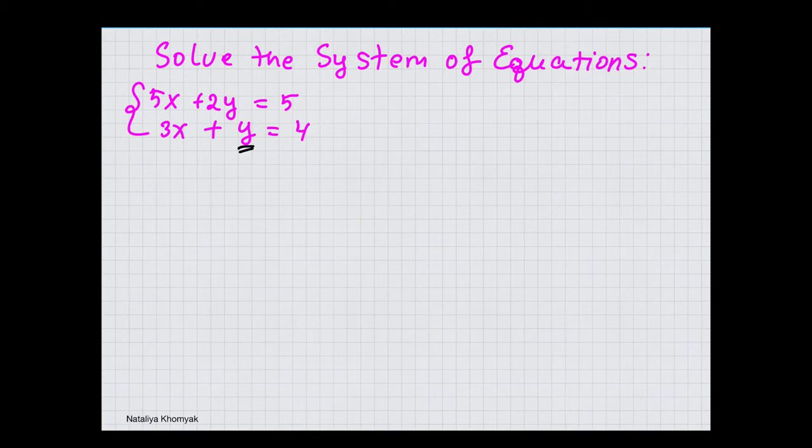It will be easier to solve for, otherwise you will end up with fractions. I'm going to take 3x plus y equals 4, and solve for y. So additive inverse of 3x would be minus 3x on both sides. That's a 0. And we have y equals 4 minus 3x.